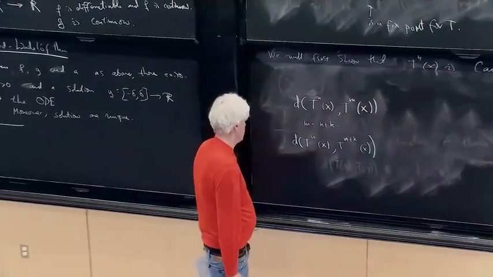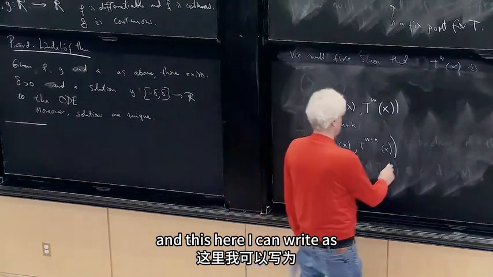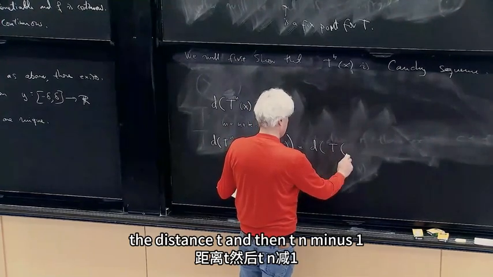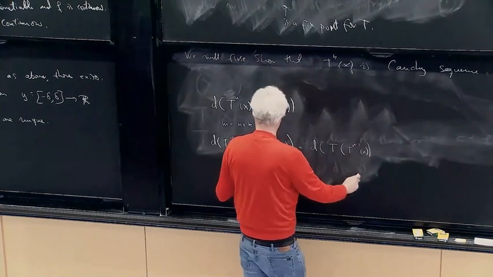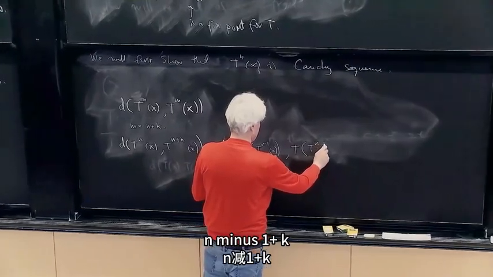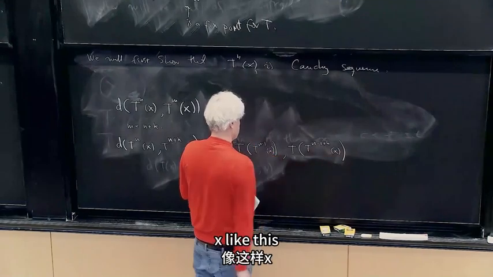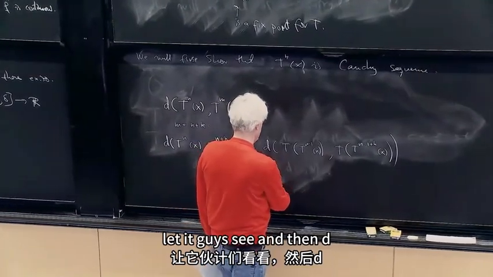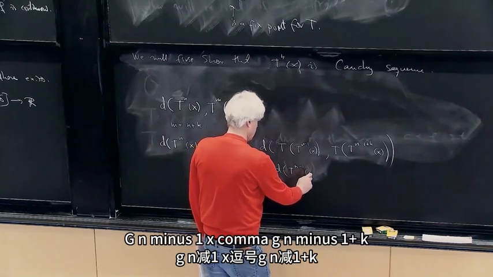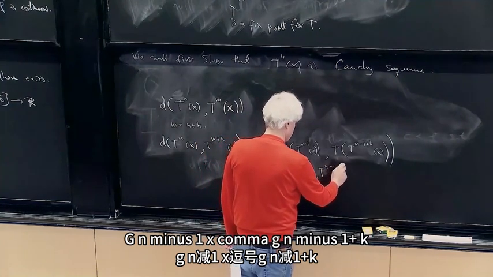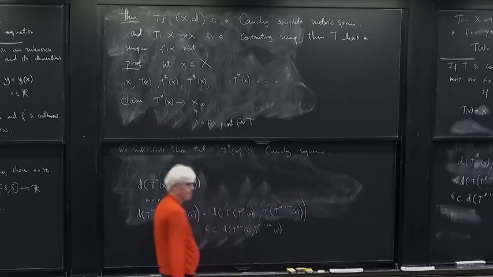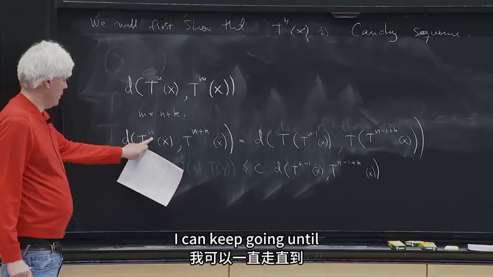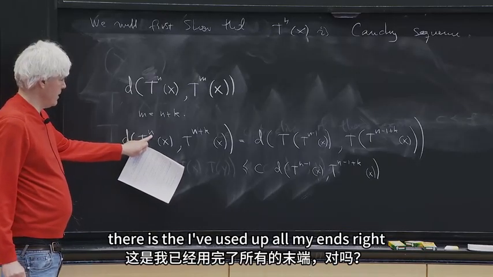So we have this in here, and this here I can write as the distance between T^n of X and T^(n+k) of X, which is T of T^(n-1) of X and T of T^(n-1+k) of X. Here I can use the same trick, that it gets c times the distance between T^(n-1) of X and T^(n-1+k) of X. And this one here, I can keep going like this until I've used up all my n's.